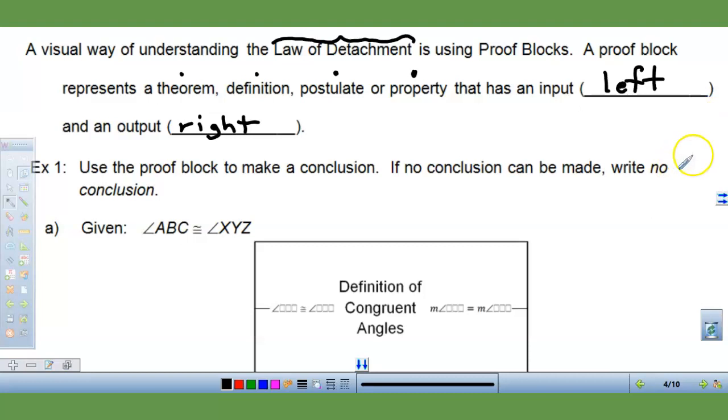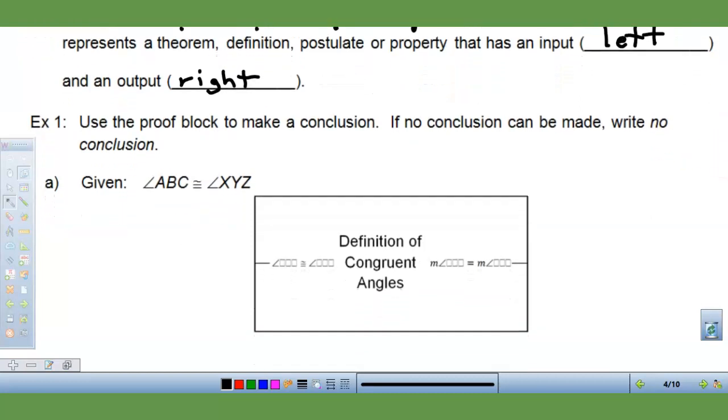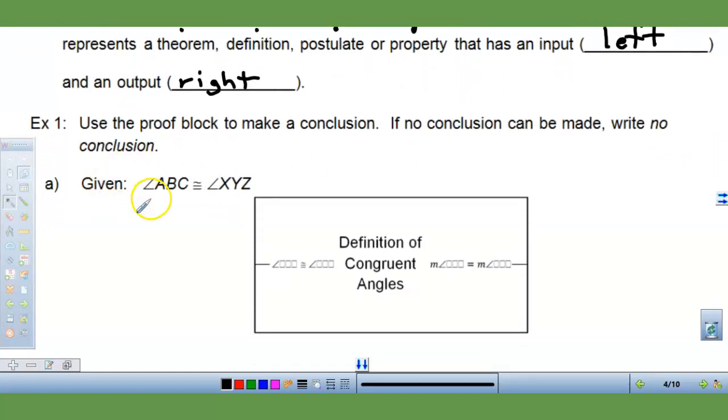So the way you use these is you take the statement that you're given and you see if it matches up to the format of the left-hand side of any one of these. Since this statement right here is in this format of angle, letter, letter, letter, congruent to angle, letter, letter, letter, that's the same format as this, just with the actual letters.